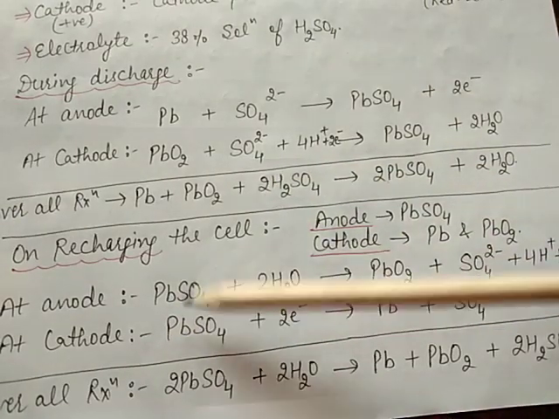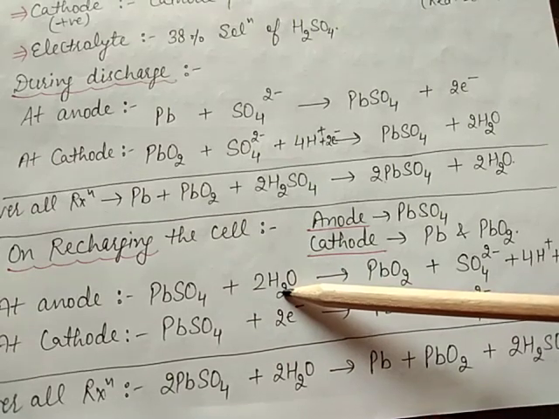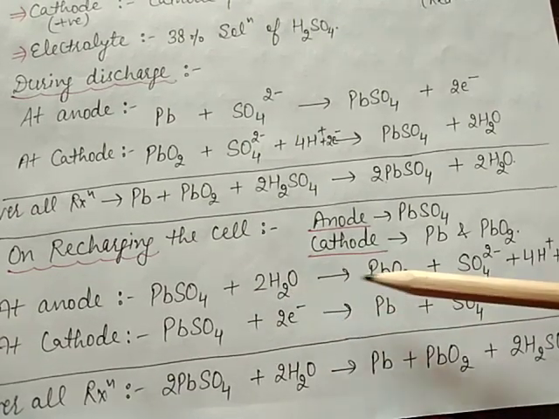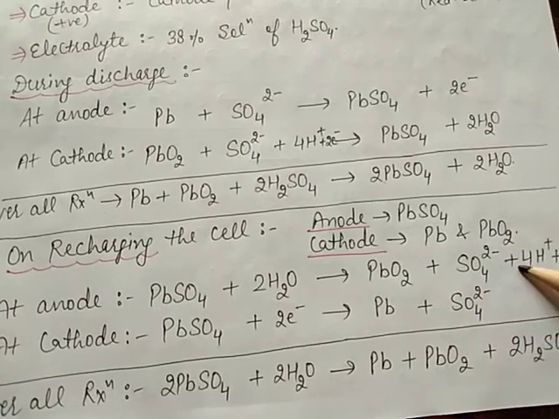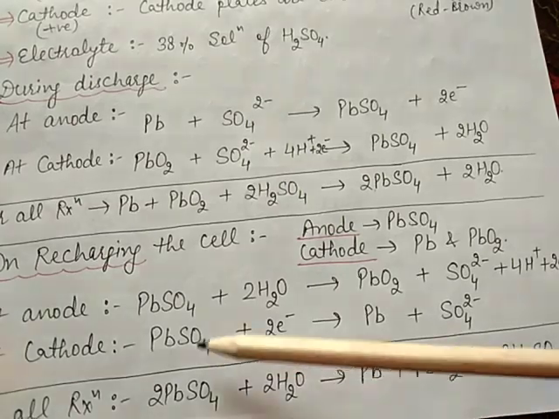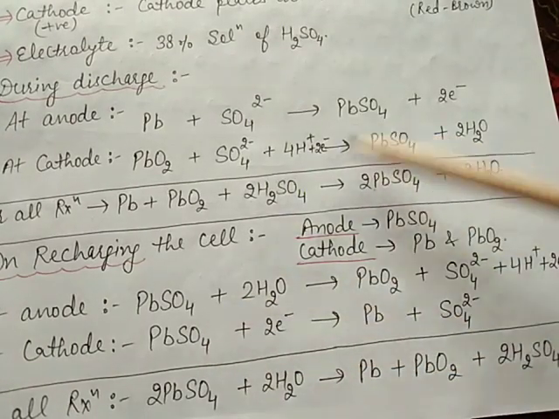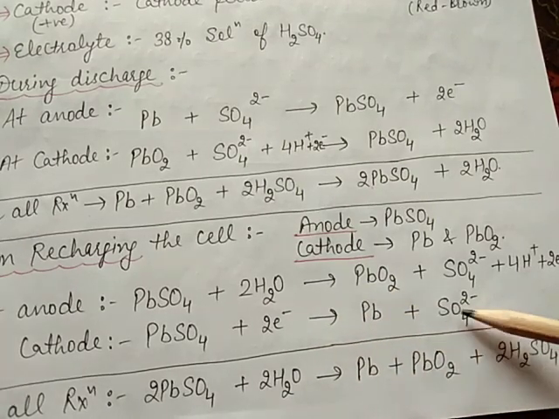At anode, PbSO4 plus 2H2O converts into PbO2 plus SO4 2- plus 4H+ plus 2 electrons. At cathode, PbSO4 plus 2 electrons gives Pb plus SO4 2-.